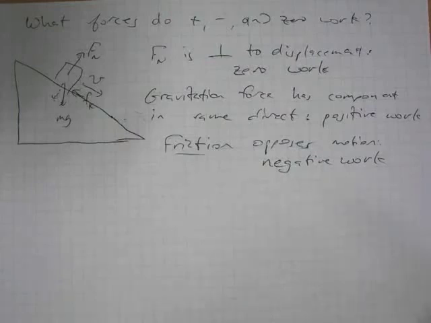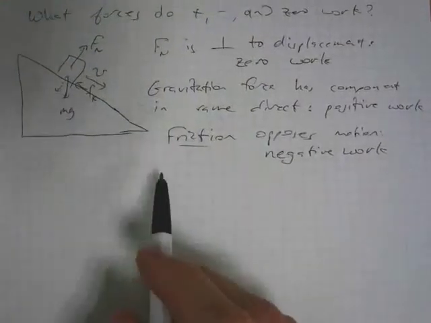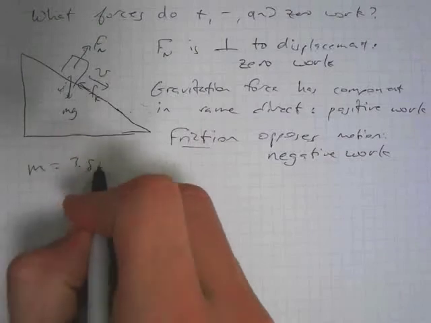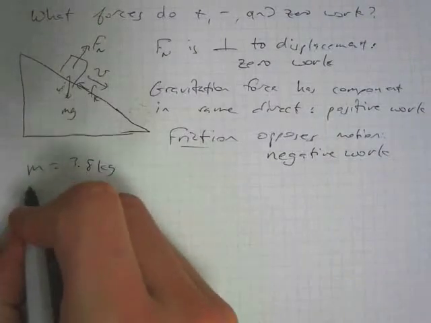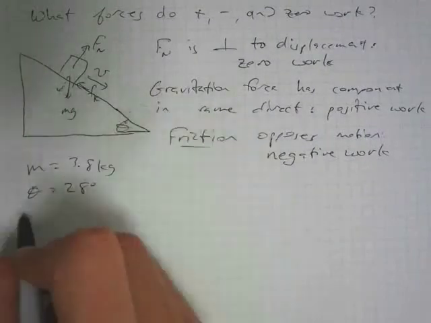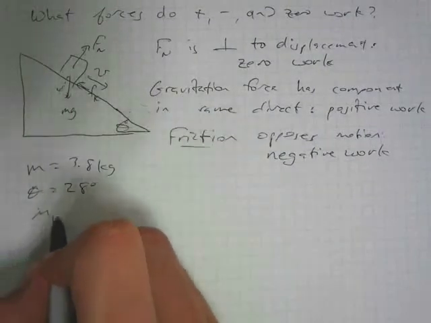Let's look at the same problem from a quantitative perspective. Let's say the mass of this block is 3.8 kilograms, the angle is 28 degrees, and the coefficient of kinetic friction is 0.21.